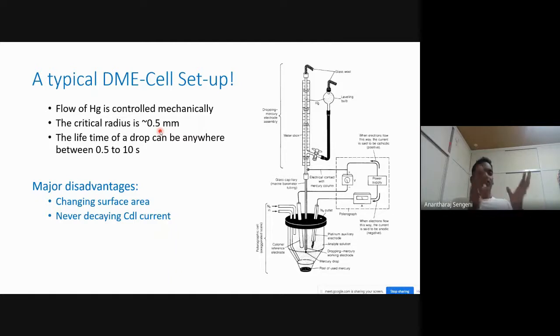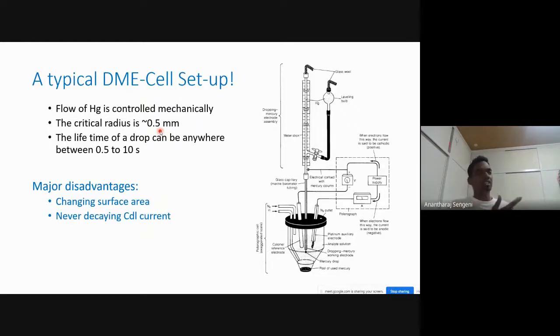Not only that, when the surface area changes, the size of the double layer is also changing, which means that continuous charging of the double layer is inevitable. This is in sharp contrast with the voltammetry technique.